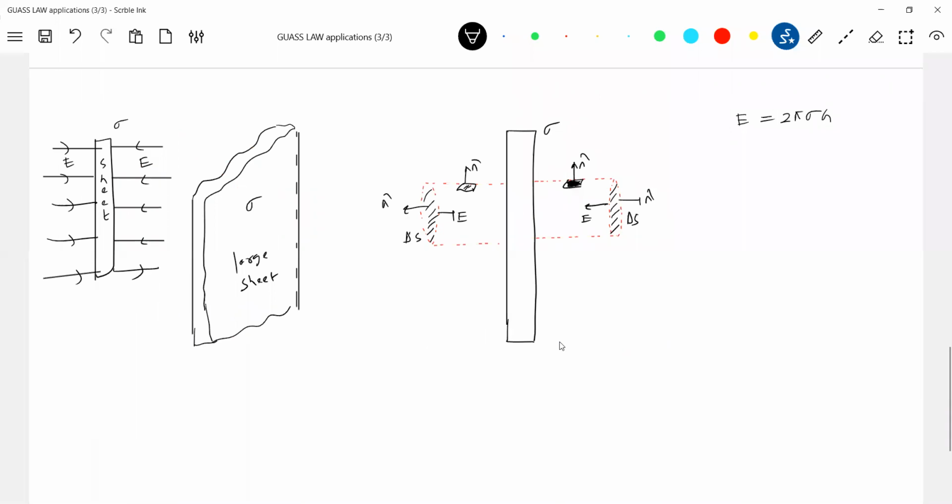It will be 0 because delta s bar will be upward and E bar will be tangential. So E bar dot ds for this surface will be 0. Only the flat surfaces will contribute. The shaded ones only will contribute to E bar dot ds. This curved surface will not contribute.